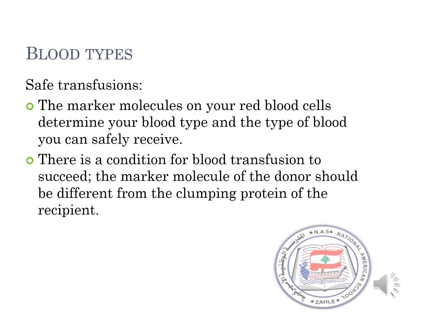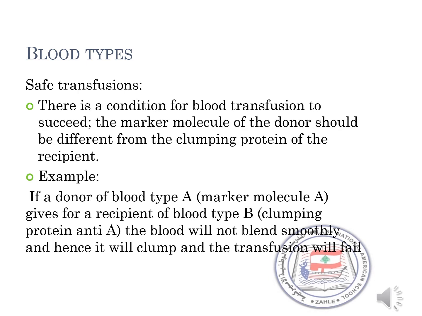Safe transfusions. The marker molecules on your red blood cells determine your blood type and the type of blood you can safely receive. There is a condition for blood transfusion to succeed. The marker molecule of the donor should be different from the clumping protein of the recipient.